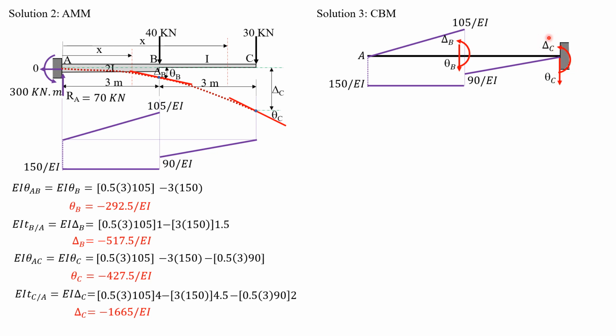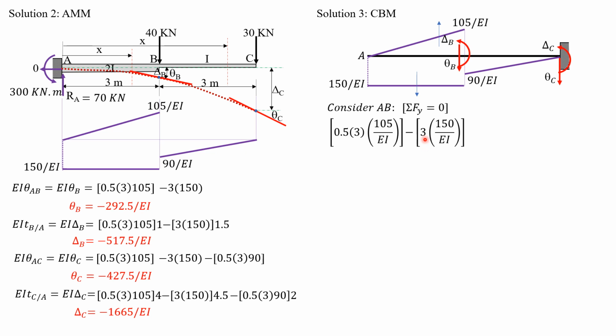So that's delta C, which is the moment of the conjugate beam. Interpretation: considering AB, summation of forces Y equals 0, then we have, so this positive area is upward, negative area is downward, remember that. So we have quantity 0.5 times 3 times 105 over EI minus 3 times 150 and minus theta B equals 0.